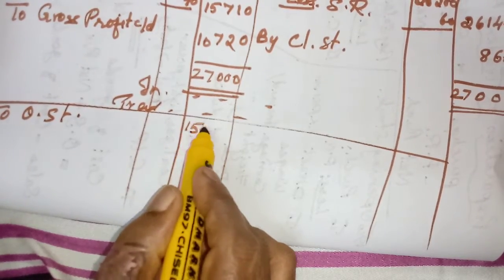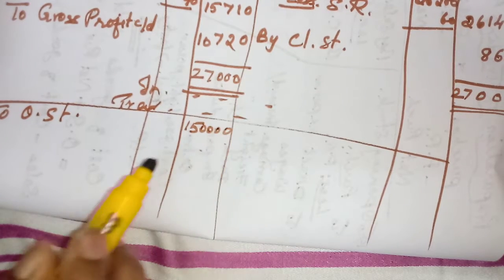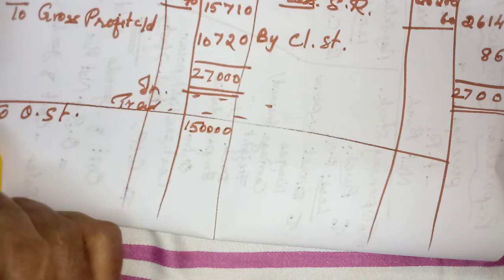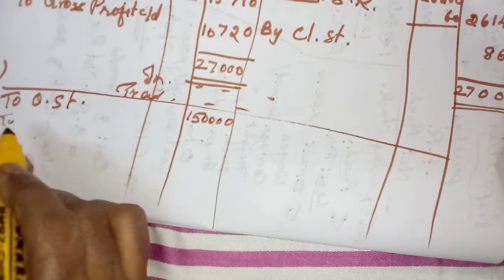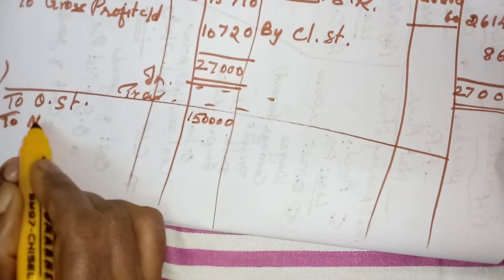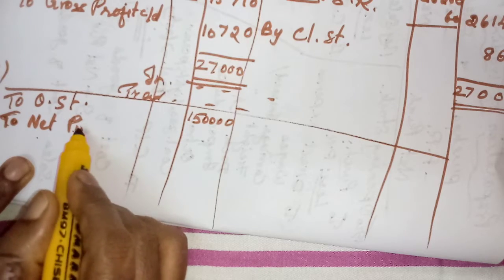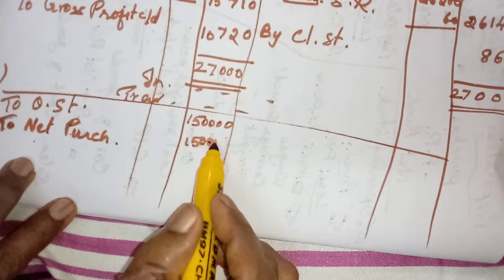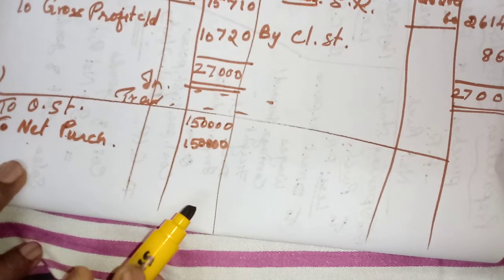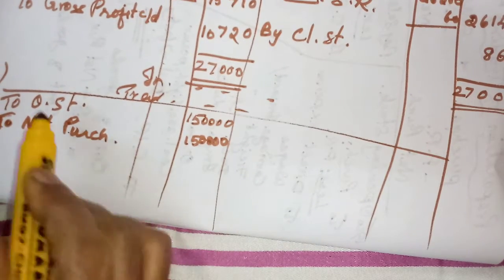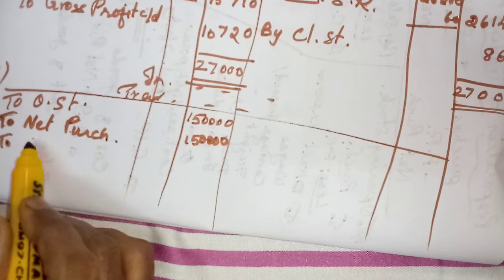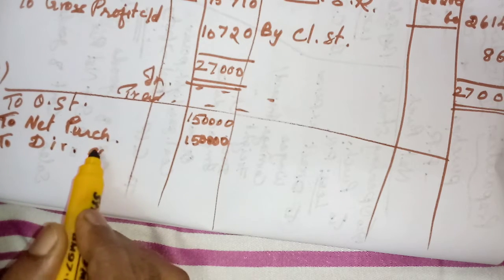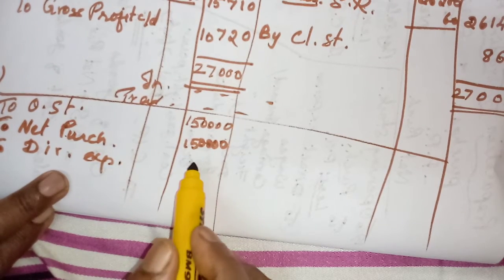Here the first item is to opening stock 1,50,000. There will not be any adjustment. Then purchases. What is given? Net purchases. To net purchases 1,50,000. No need to adjust. Then direct expenses are given, yes, direct expenses 8,000.